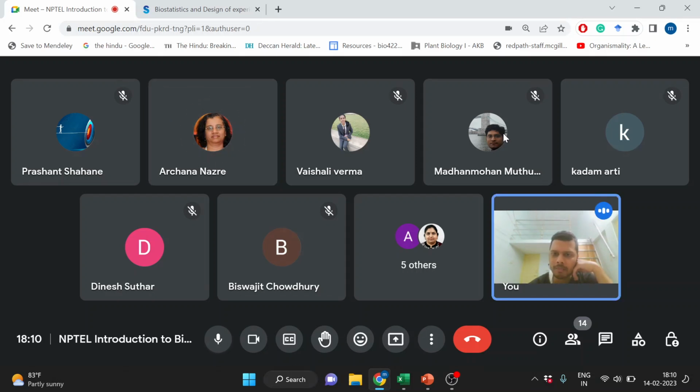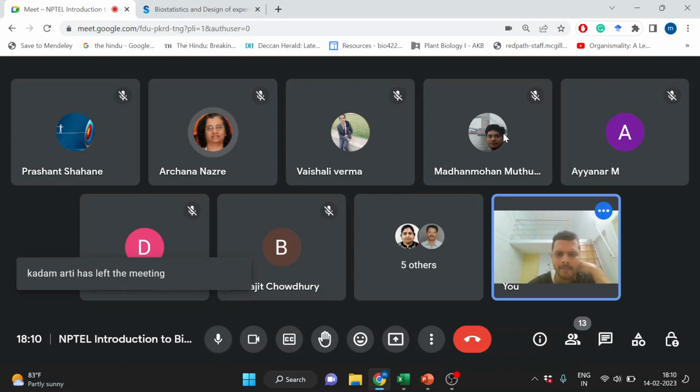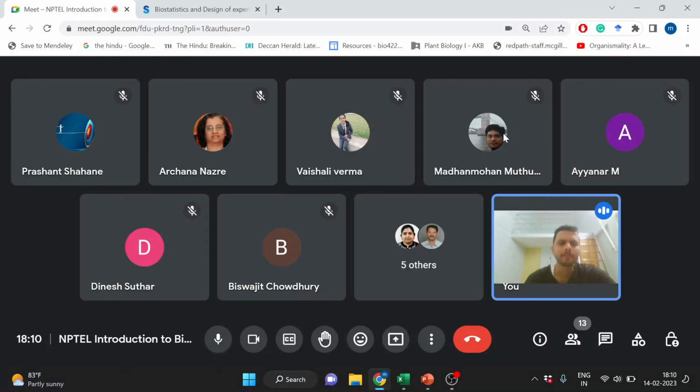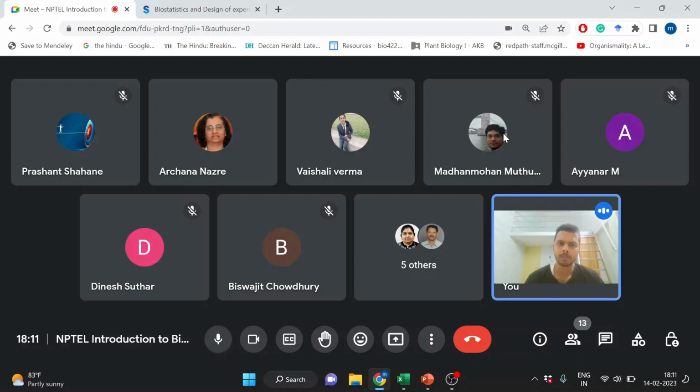We can't hear much. But I get a brief idea of what you're trying to say, that you do a student's t-test to compare means of two populations, and you can do a one tail t-test, two tail t-test. Is that what you want to say? Okay, connection issue, because I'm driving. Okay, no problem. You can maybe type. If you're driving, then please drive.